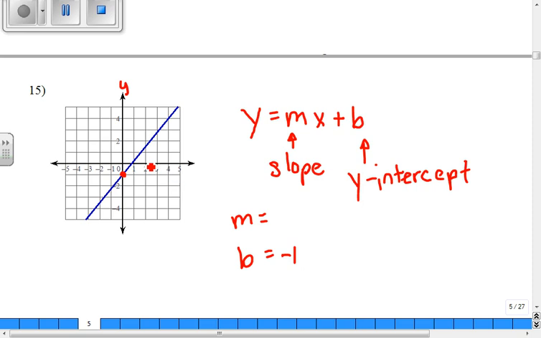Now I have to determine the slope. So it goes through this point, and I already have a point that it goes through. So I'm going to calculate rise over run. So it's 1, 2, 3, 4, 5 for my rise.